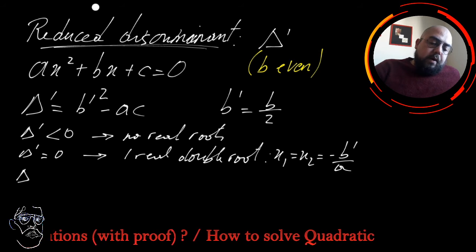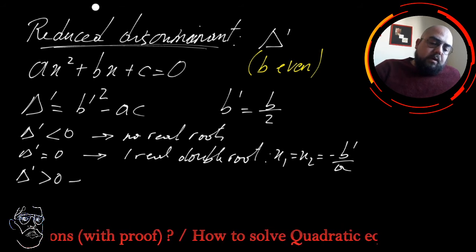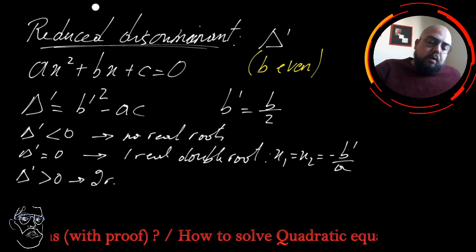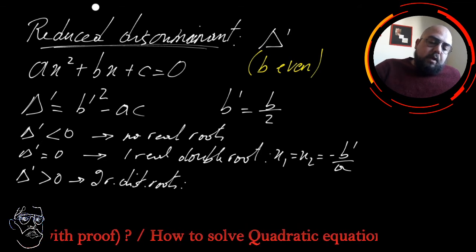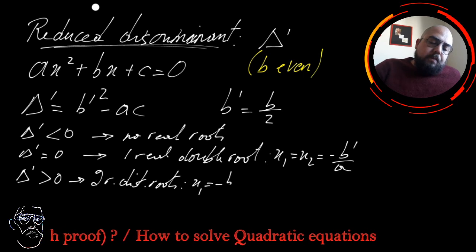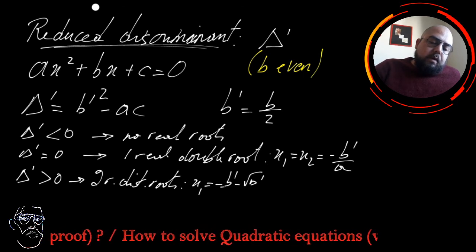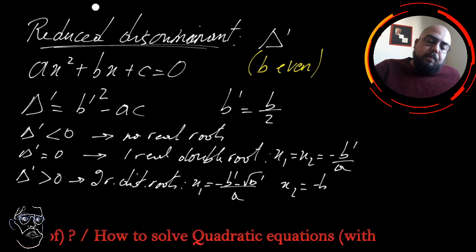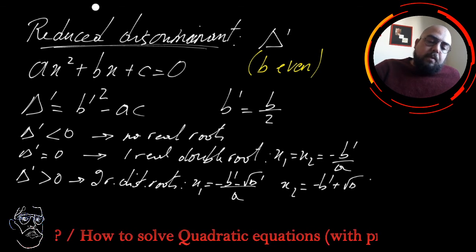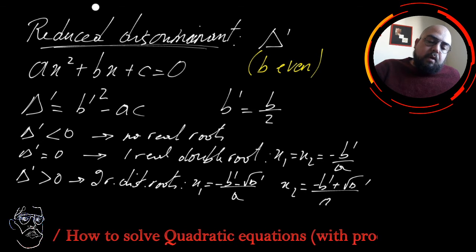And whenever you have delta prime positive, you will have two real distinct roots, such that x1 is equal to minus b prime minus square root of delta prime over a, and x2 is equal to minus b prime plus square root of delta prime over a.